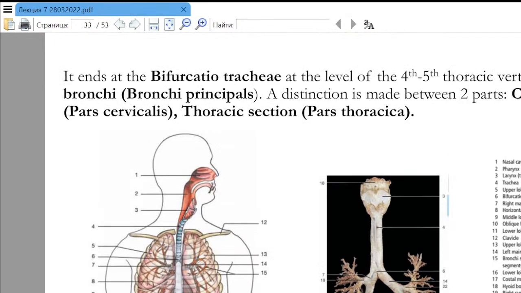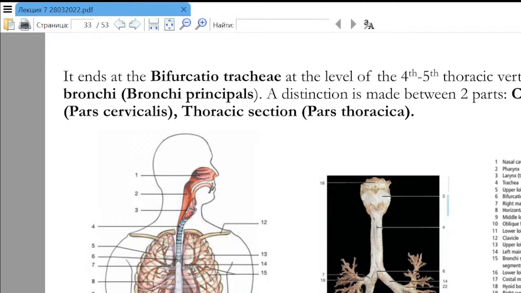It ends at the bifurcatio tracheae, at the level of the 4th, 5th thoracic vertebra, in two main bronchi, bronchi principales.